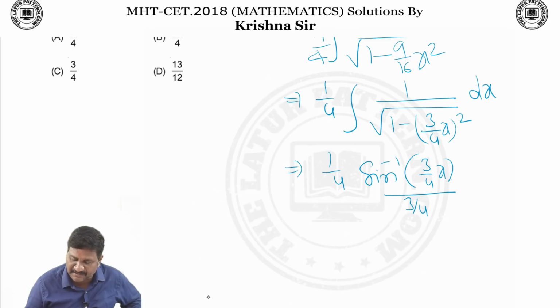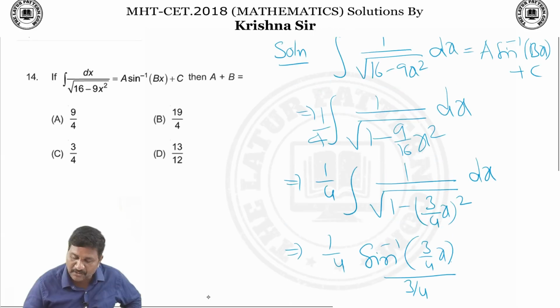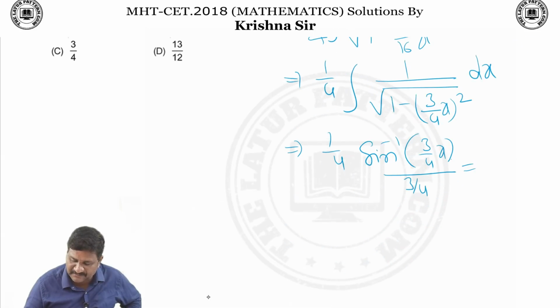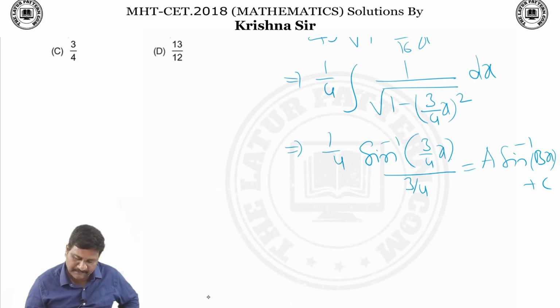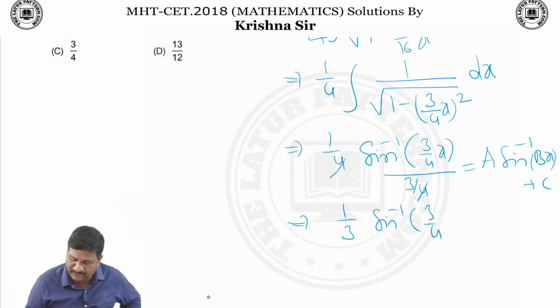It can be taken as a sine inverse bx plus c. Now the 4 will get cancelled, and a is 1 upon 3, sine inverse of 3 by 4 into x.